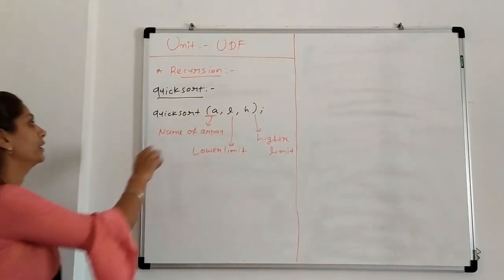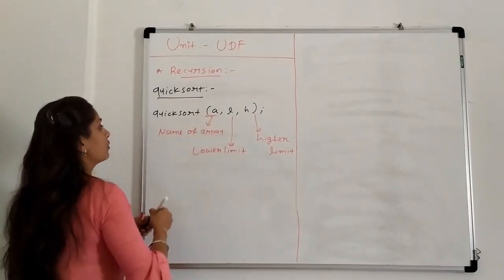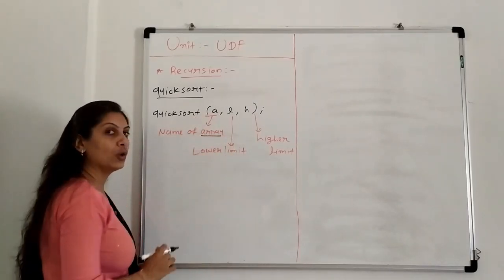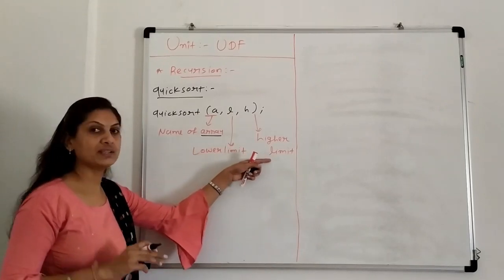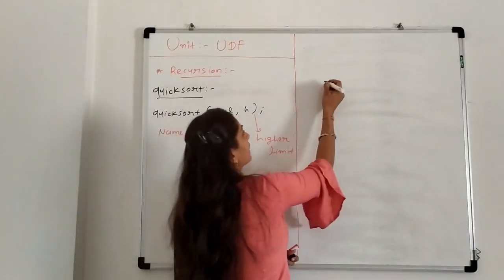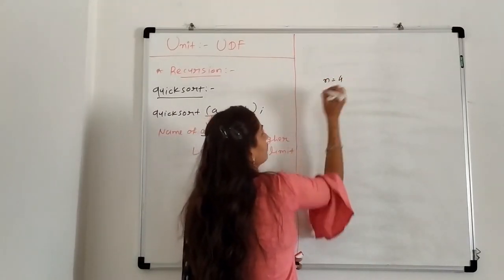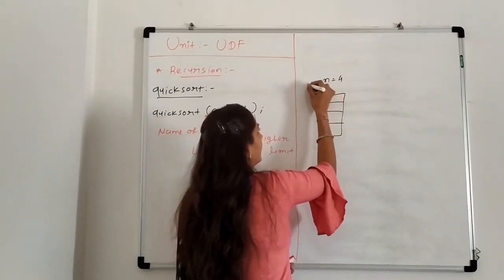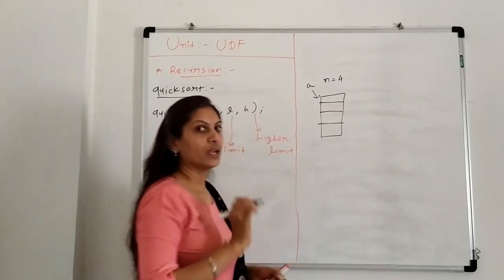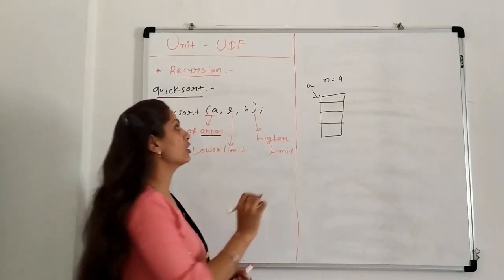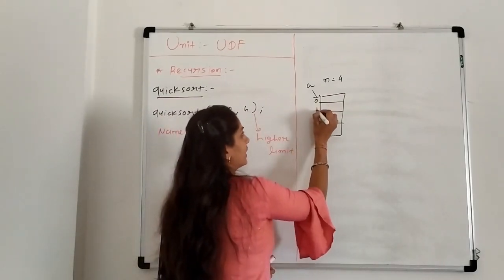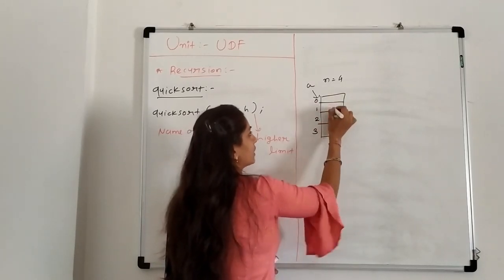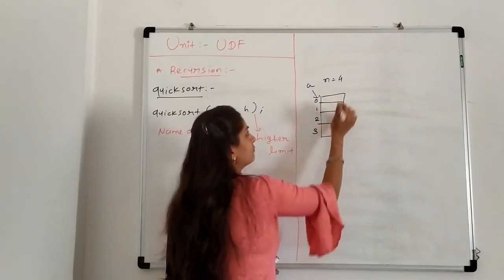Now A is the array. So for an array, what are the lower limit and higher limit? If you create an array with n equals 4, the number of elements in array A is 4, and the array index always starts with 0, then 1, then 2 and 3. Total number of elements: 1, 2, 3 and 4. Clear?